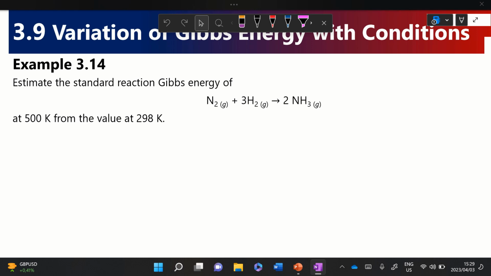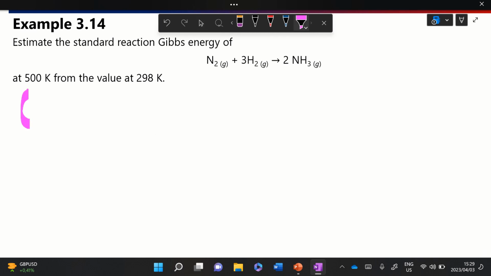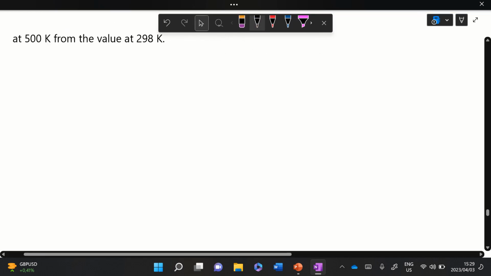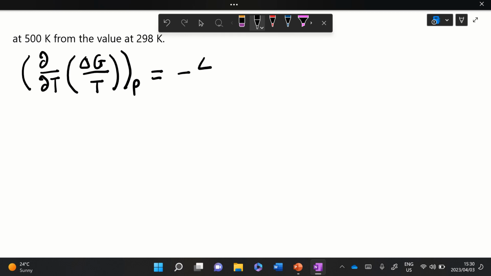Let's start with the fact that we can write the Gibbs-Helmholtz equation in the form of equation 335. So we can write d/dT of delta G over T at constant pressure is equal to minus delta H over T squared.